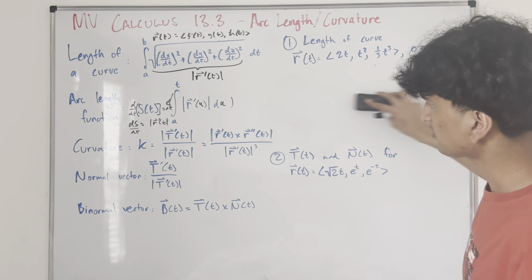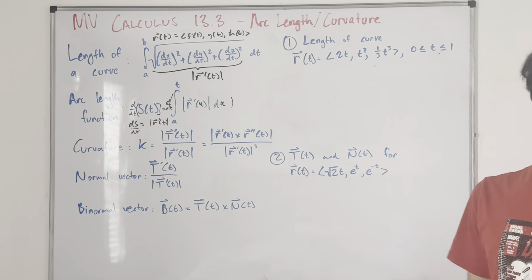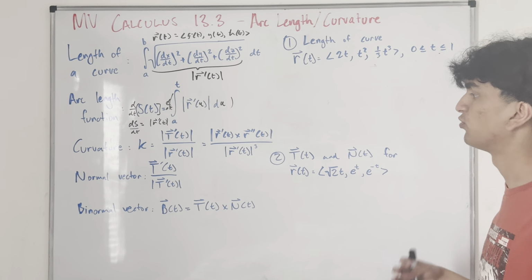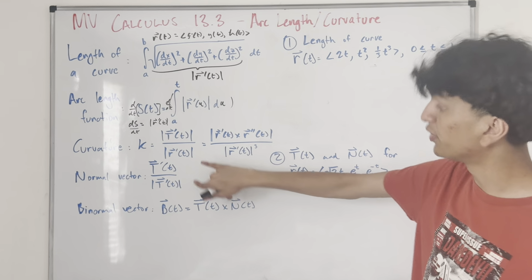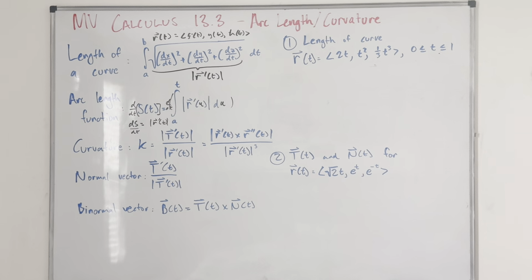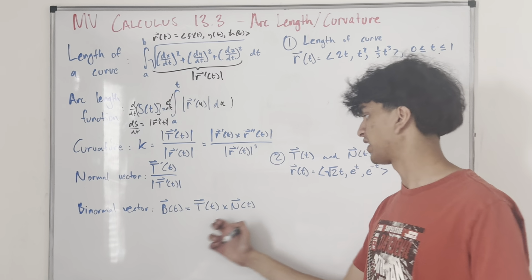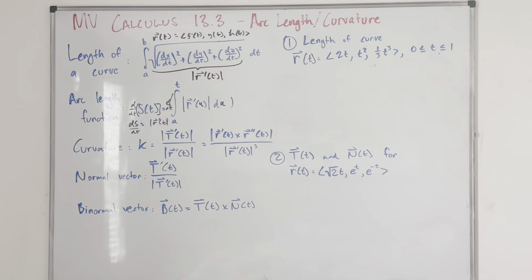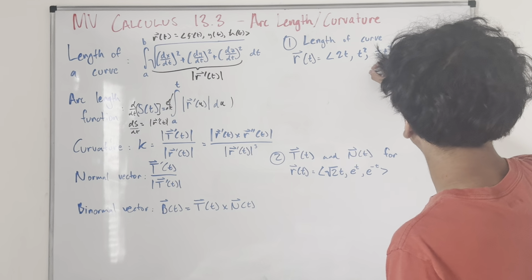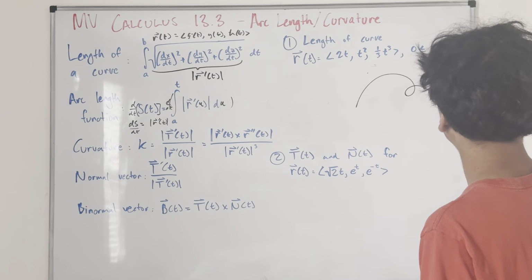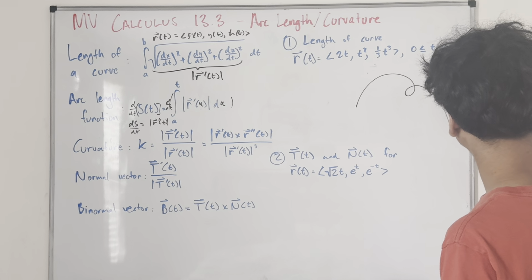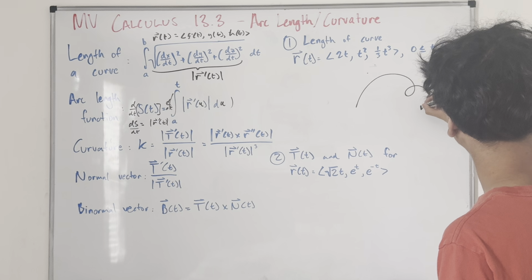Now, that's obviously normal to the tangent vector, and that's a really helpful way to get a normal vector that would be a unit vector. It's just the derivative of the tangent vector over the magnitude of T prime of t. And the binormal vector is going to be the tangent vector cross the normal vector. So if I were to draw it using a curve, we have my tangent vector here, my normal vector here.